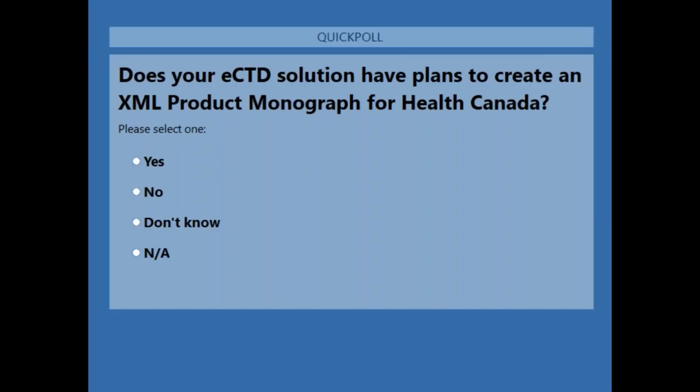Does your ECTD solution have plans to create XML PM for Health Canada? If you could just answer yes, no, or you don't know. Looks like the votes are coming in faster on this one, Karen.